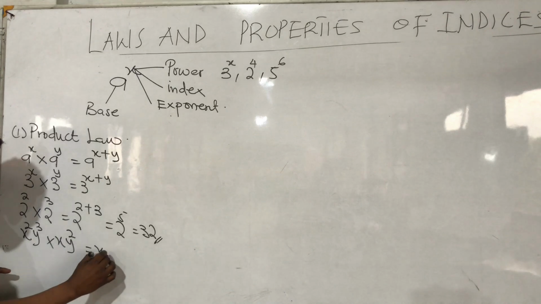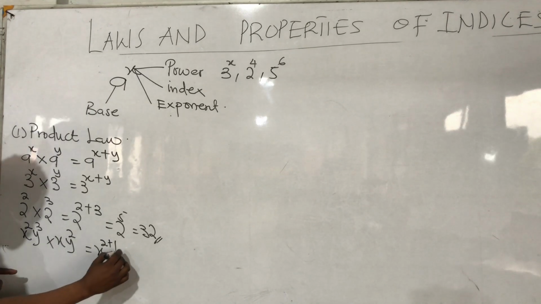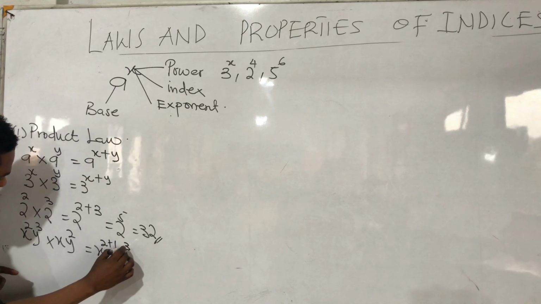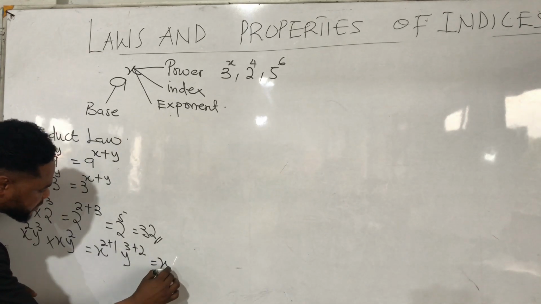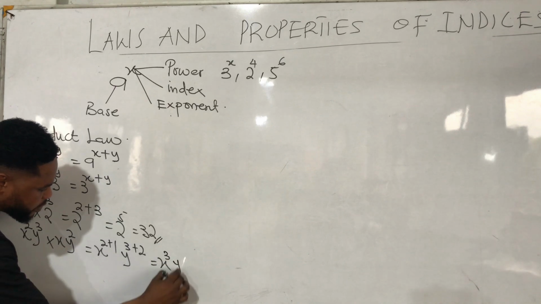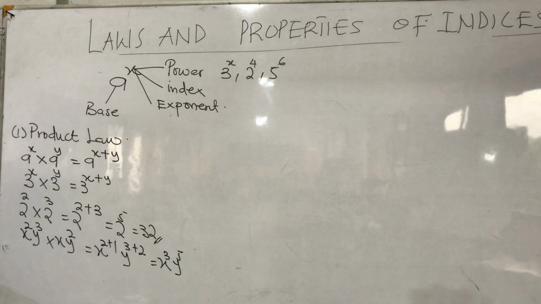So it's going to be x raised to the power 2 plus 1, then y raised to the power 3 plus 2, which is going to give us x raised to the power 3, y raised to the power 5. So we can have these few examples under the product law.